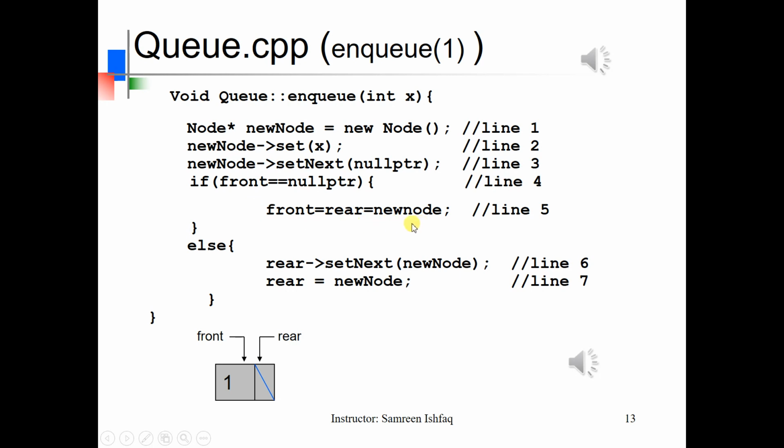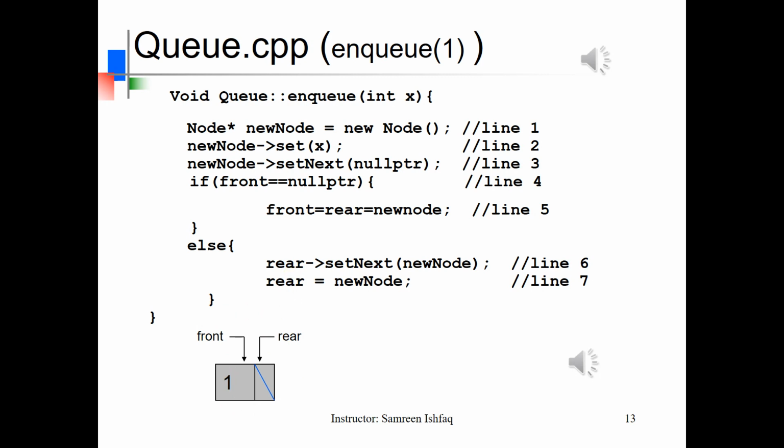So for that there's a check. If front is equal to nullptr, so front is equal to rear is equal to new node. In the case of one node, that node will be the front of the queue and that node will be the rear of the queue. So we have created a node that becomes front and rear of our queue.